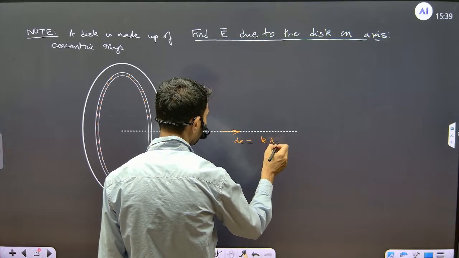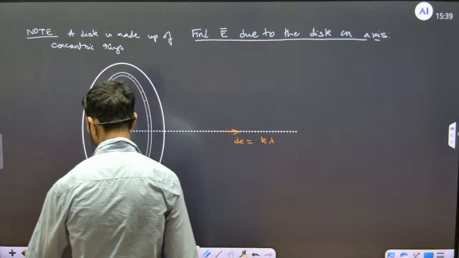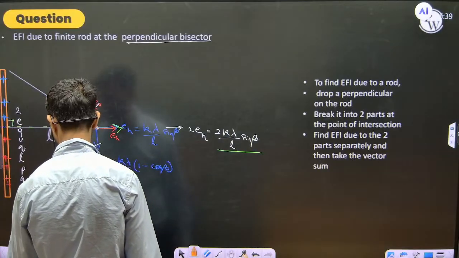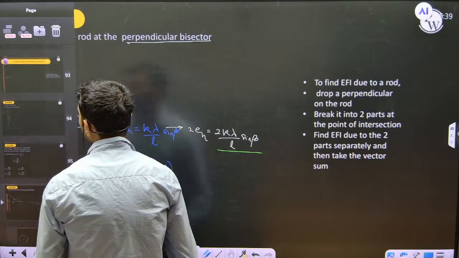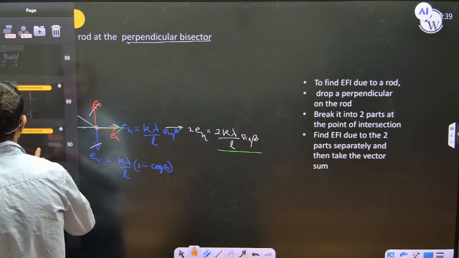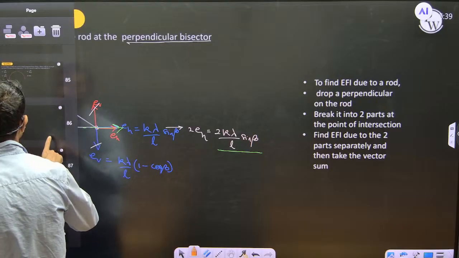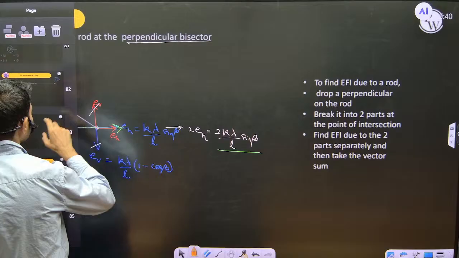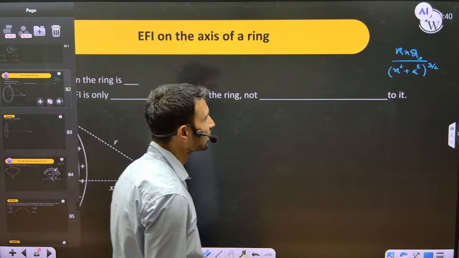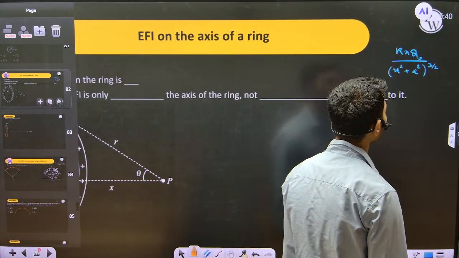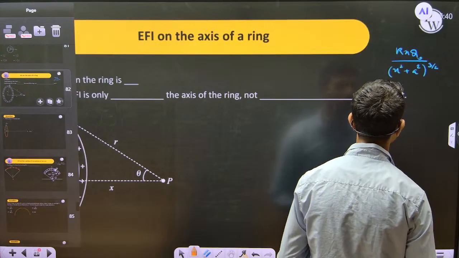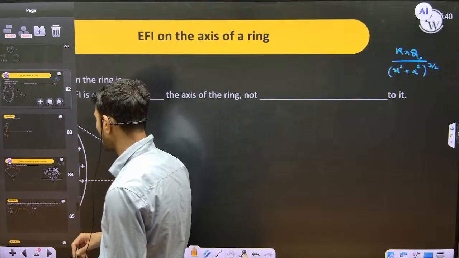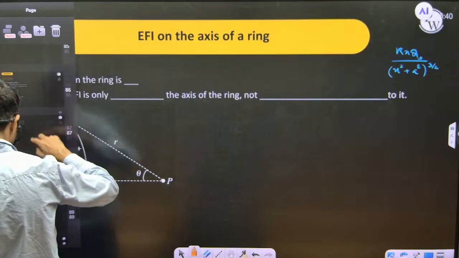K. So because of the ring, what was the formula? Let's check the formula because I don't remember it. We had derived somewhere here. Let's use the formula. Here it is. So kx q naught divided by x square plus a square whole to the power 3 by 2. Kx q.